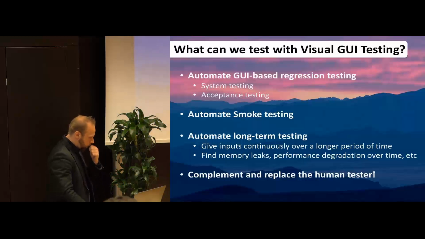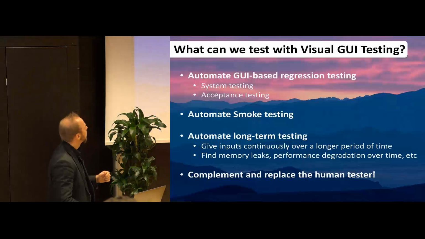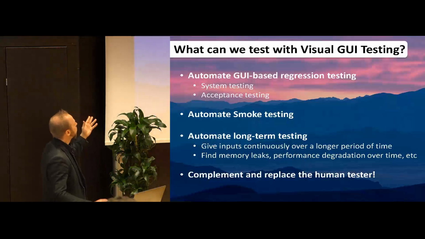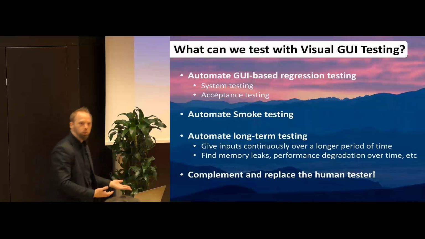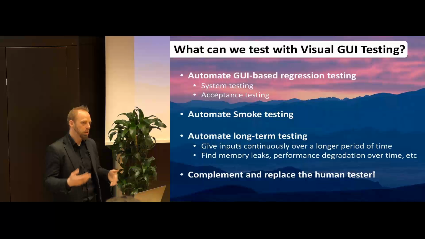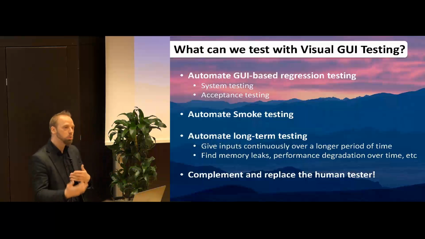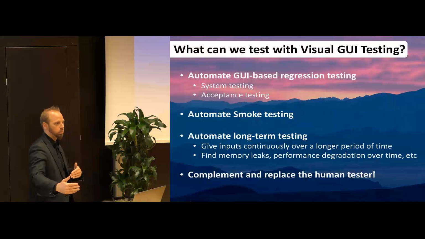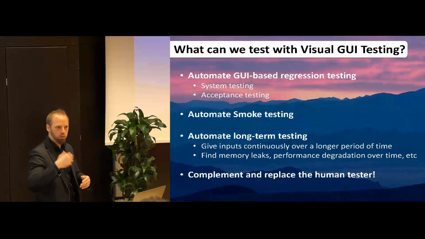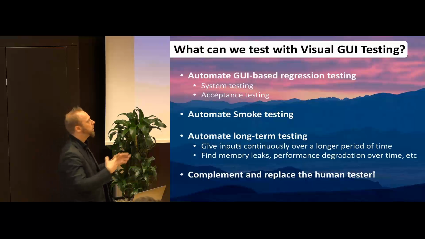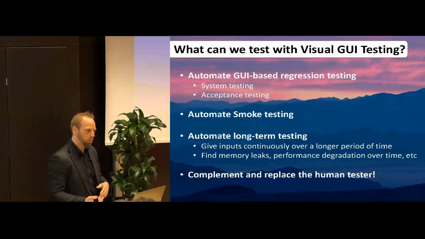So, what can we test with this technology? And I'm wrapping up. First of all, of course, we can take our manual regression test scenarios for system testing and also acceptance testing, given that we have a proper scenario of how our users really use the system, right? What inputs are they giving, what timing, etc., and we could transform this into some type of regression test.